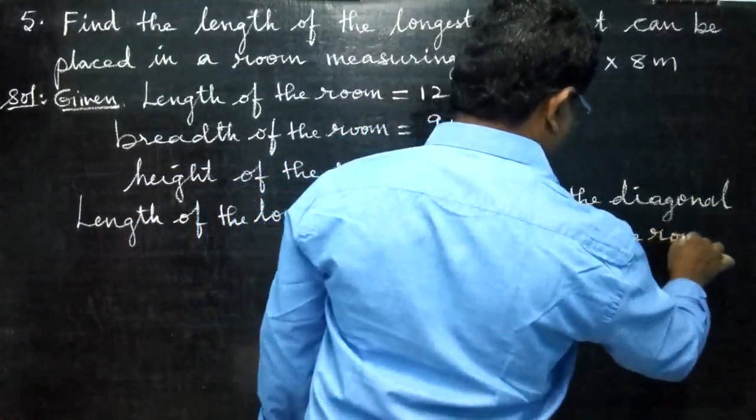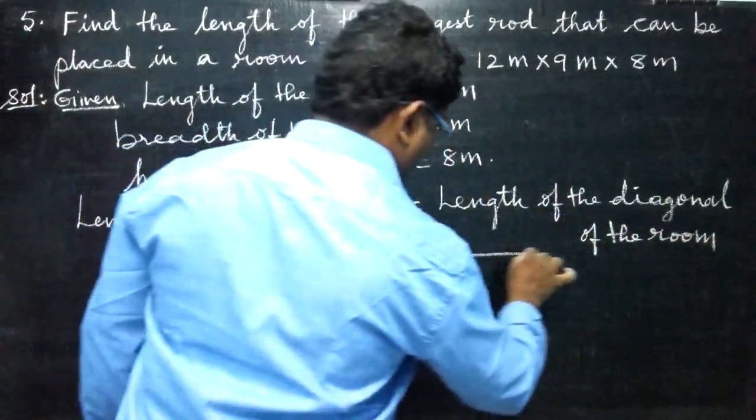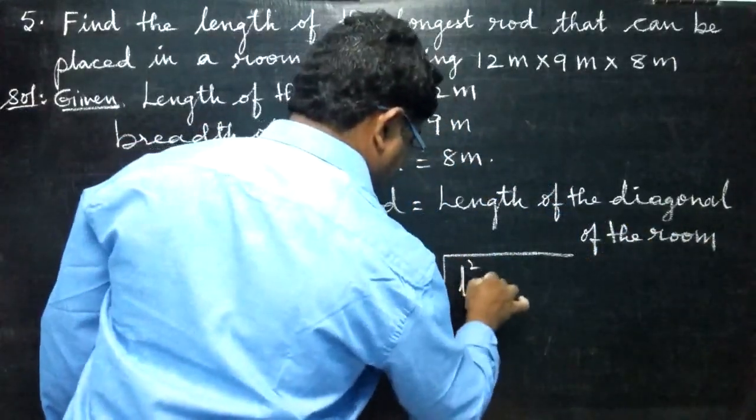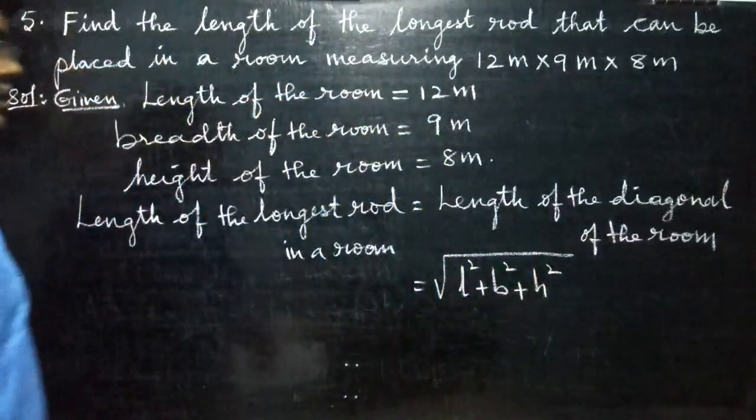We know the formula for diagonal of the room. What is the formula for diagonal of the room? Square root of L square plus B square plus H square. Are you able to follow?